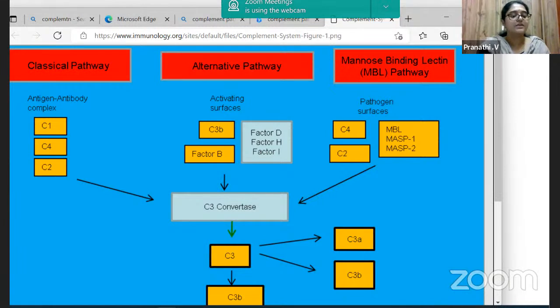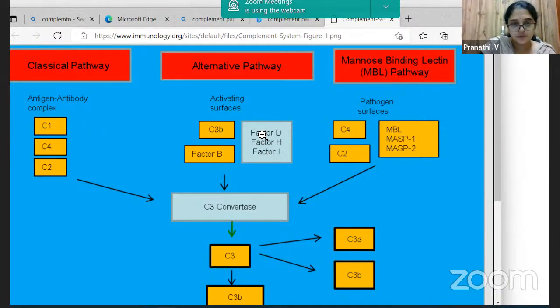The classical pathway consists of the recognition protein C1q, with 6 subunits with globular heads, associated with 2 molecules each of C1r and C1s. So you have a C1r and a C1s along with the 6 subunits of C1q.